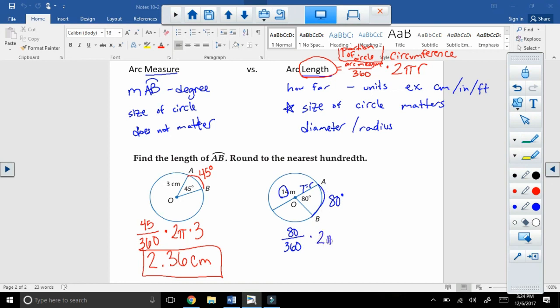And then multiply that by the circumference of the circle. So again, grab your calculator and type this in. You should get about 9.77, and that's rounded to the nearest hundredth.